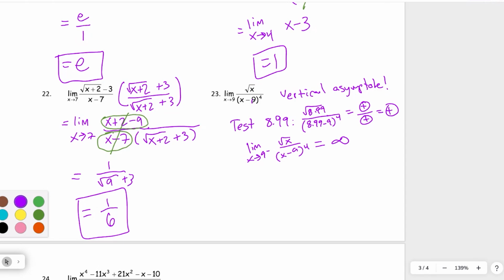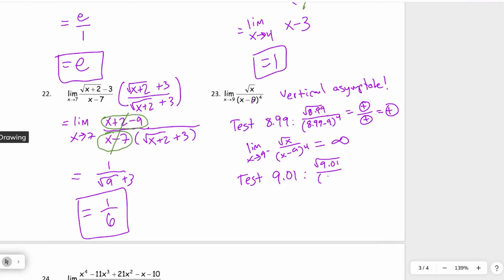And if we test, let's say, 9.01, we're going to see the same behavior, because when we raise that denominator to the fourth power, it's going to be positive. So this is also going to be positive.